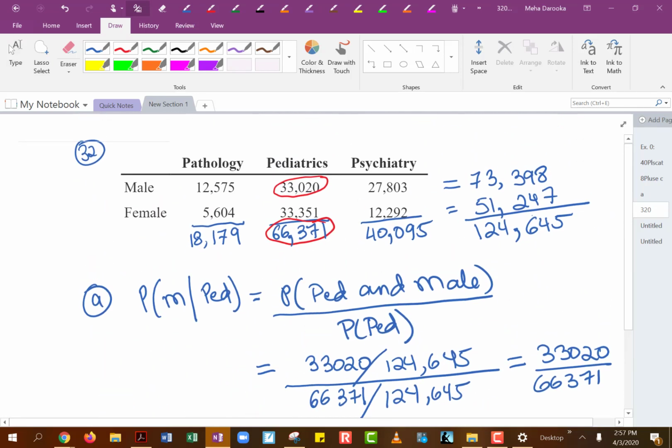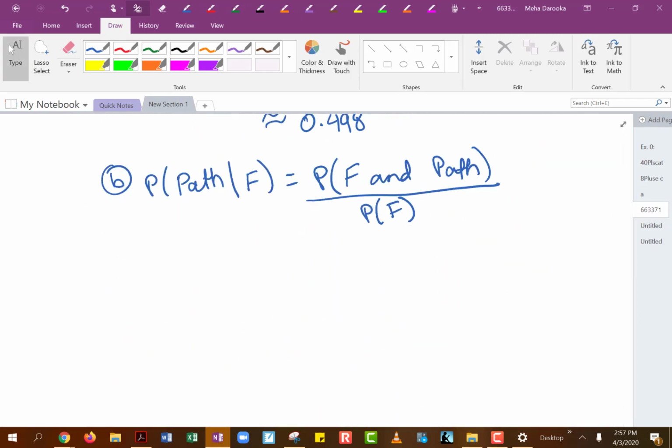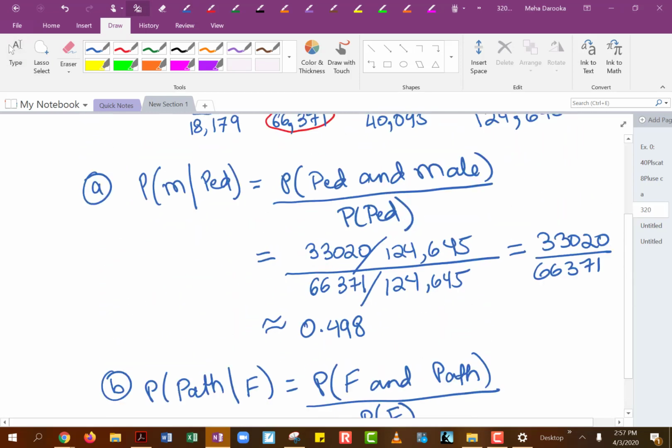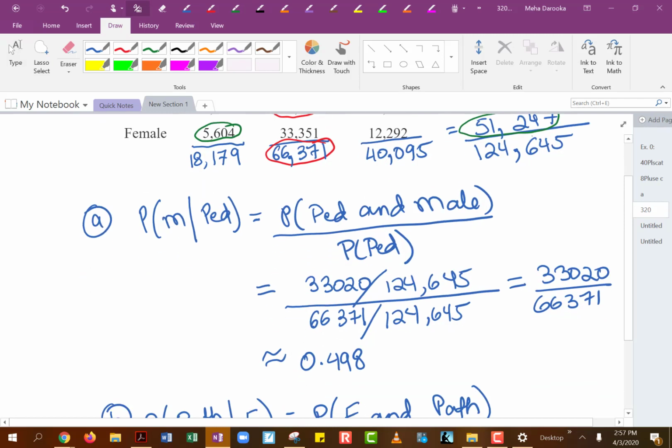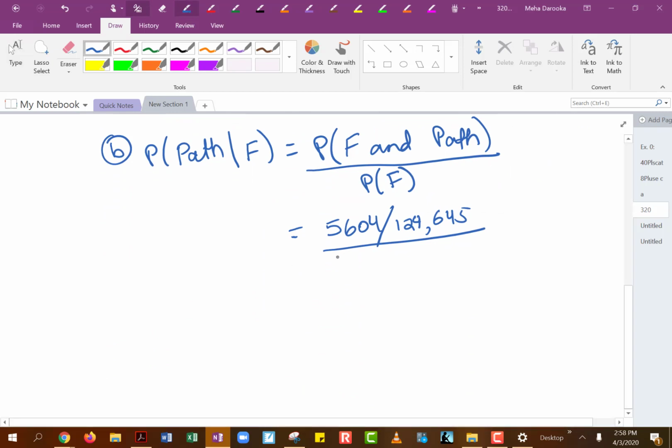So female and pathologist would be this number right here, 5,604, again out of our grand total of 124,645, and then you're dividing it by the total number of female doctors, so that's 51,247, again out of our grand total.